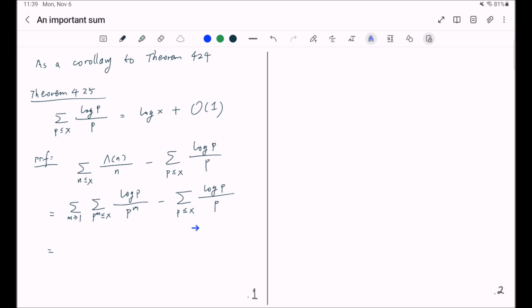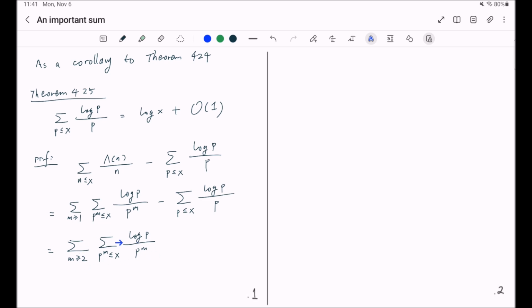And now, what is the difference between these two things? You should be able to see immediately that this sum is precisely the situation when m is equal to 1. So the subtraction of this is just the summation of this sum when m starts from 2 instead of 1.